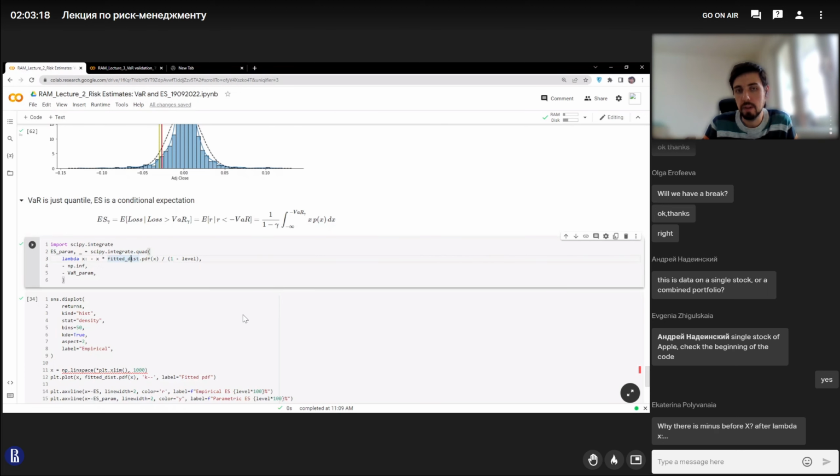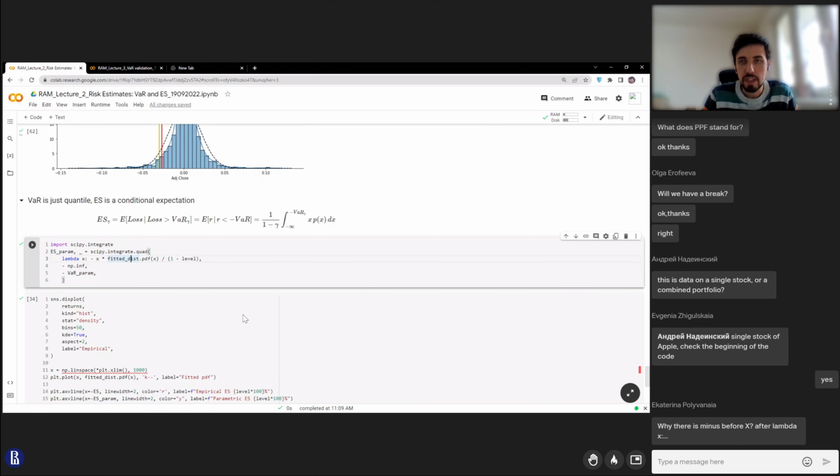For example, if someone asks me about value at risk on a market portfolio and I say 5%, everyone will understand that I mean 5% of losses. So it's just a matter of convention how to represent risk measures, and the convention is that they're supposed to be positive.